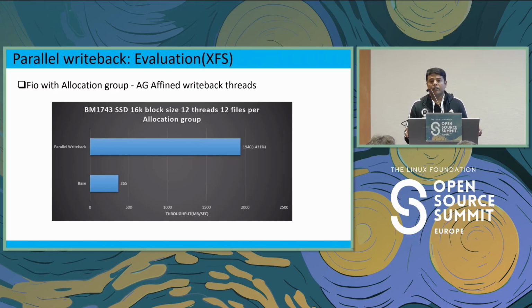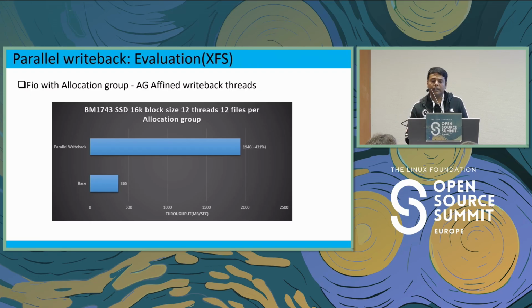And moving further, we also saw how it can be tuned. So for XFS, we talked to the XFS maintainers. They told us to vary it not on the basis of the number of CPUs, rather make the write-back threads equal to the number of allocation groups. So say for a disk, the allocation groups are 4 and the CPUs are 128. So you make it 4 and then you see how much is the improvement. And if you increase it from 4 to 10 or 50, then you see how much is the improvement.